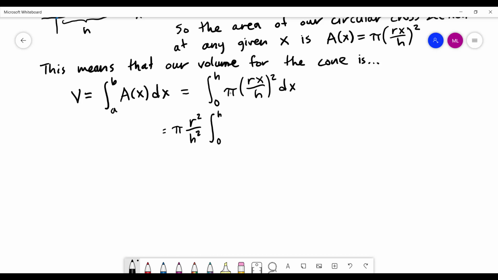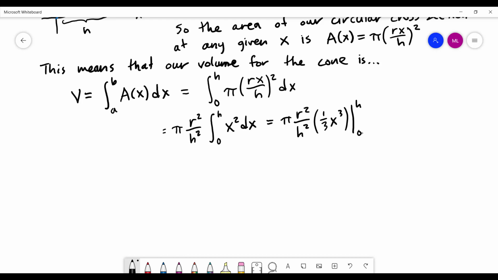I've moved this term out, and this term out with this square, and all that's left inside is x squared dx. Hopefully we can integrate x squared. The integral of x squared is going to be 1/3 x cubed. So we've got pi times r squared over h squared times 1/3 x cubed, and that's being evaluated between 0 and h.